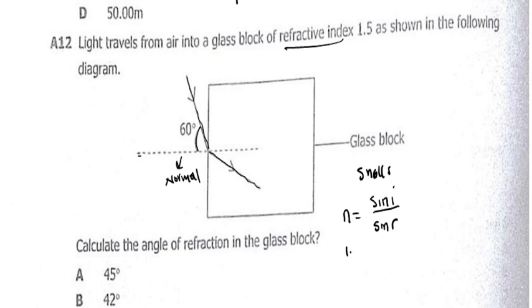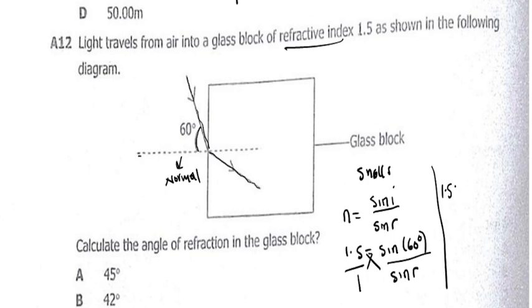The refractive index is 1.5, the sine of the angle of incidence is sine 60, over sine of the angle of refraction, which we don't have, so we'll say over 1 and we cross multiply. So I'll say 1.5 sine r is equal to sine 60. Then we divide by 1.5.